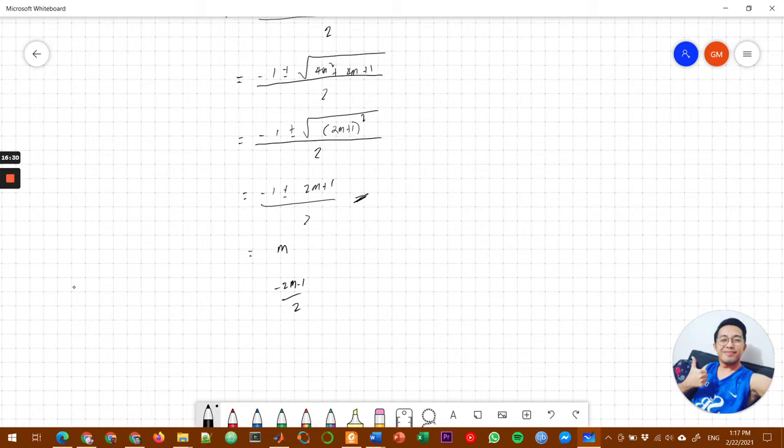But if it's minus, it should be negative 2m minus 2 over 2, or that's negative m plus 1.